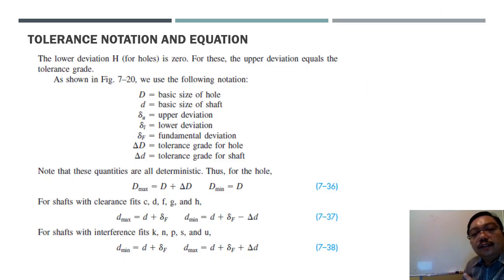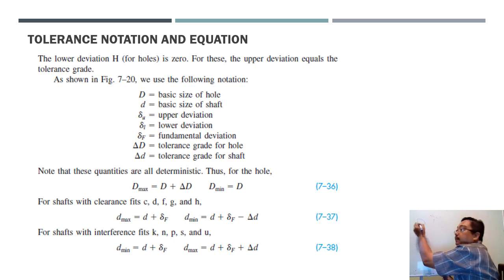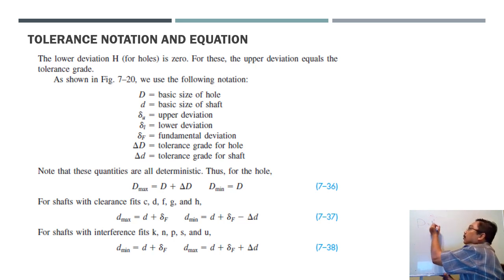This is the tolerance notation and equation, which you should remember by now. The capital D represents a hole, and the small d represents the shaft.